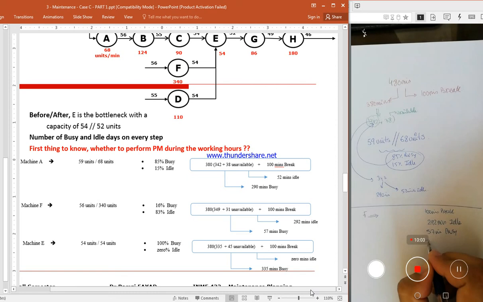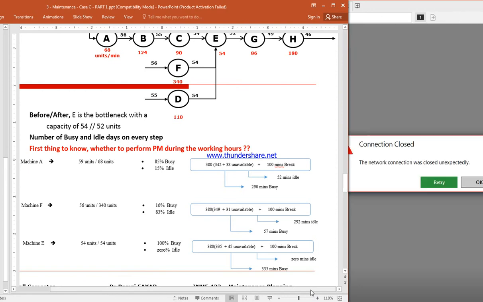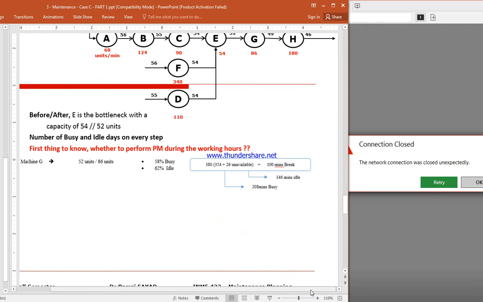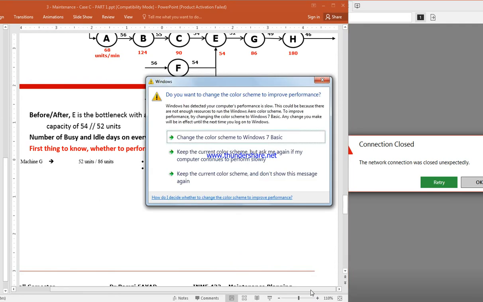This is machine F. Okay, machine E: we have 100 minutes break, we have 353 minutes busy, we have 0 minutes idle. Okay, I'm just writing down the numbers. And machine G, now I'll go back and fix the network.